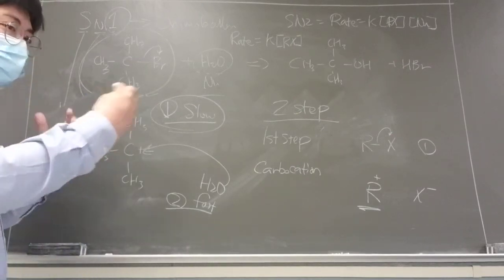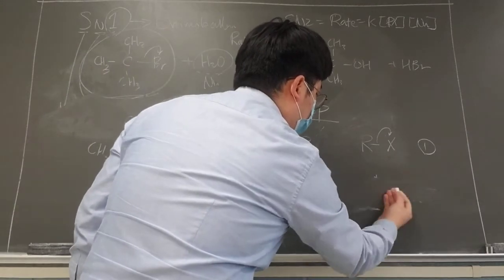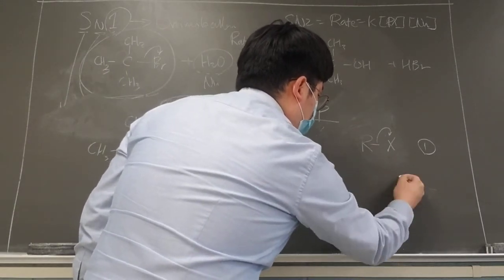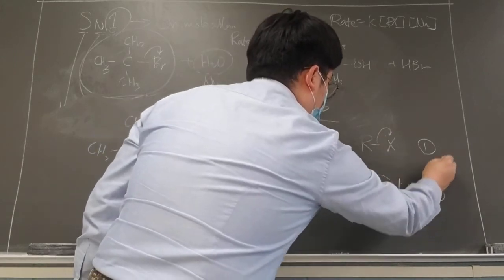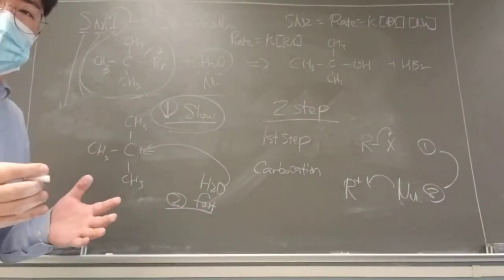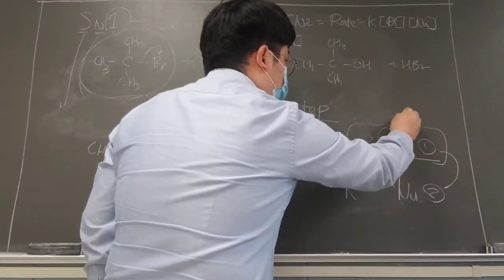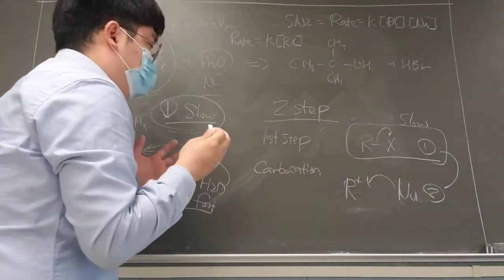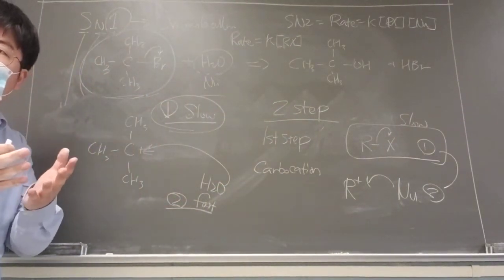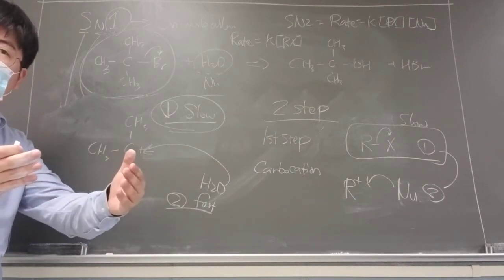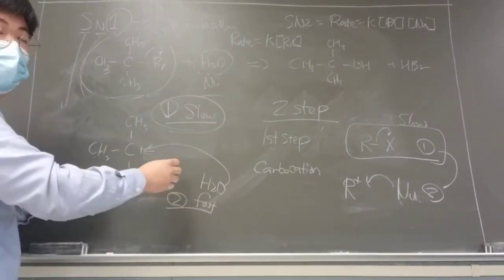If it's not happening at the same time but separately, this one is slow. So having a more stable cation is more important for the reaction to go forward, rather than having those two happen at the same time, because they're happening separately now.